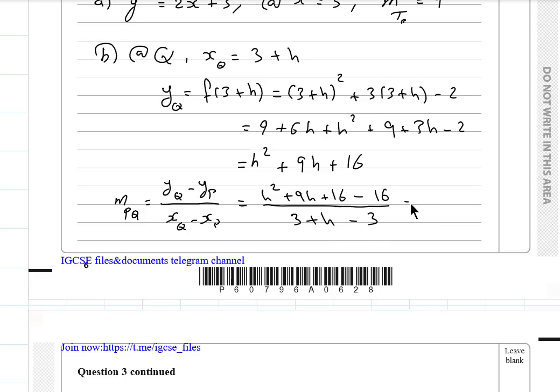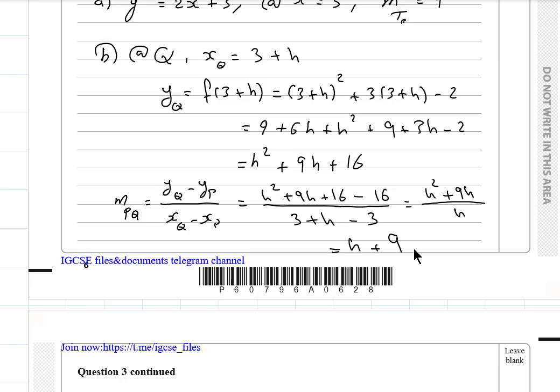After simplifying it, it will be h squared plus 9h divided by just h. And if we simplify it again, it will be h squared over h, which is h, and then plus 9h over h, which is plus 9.